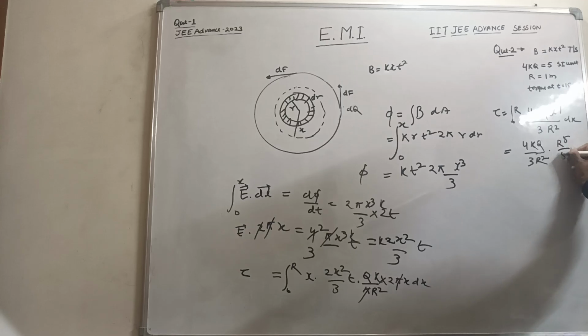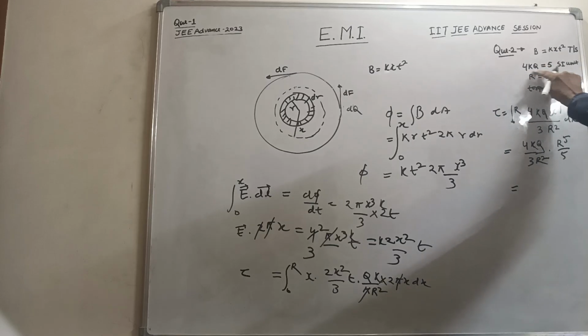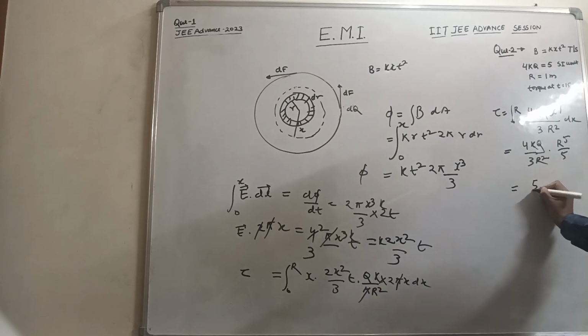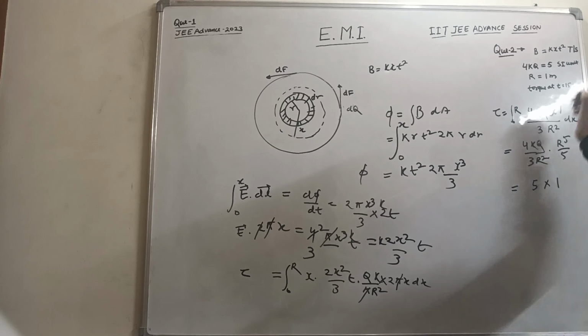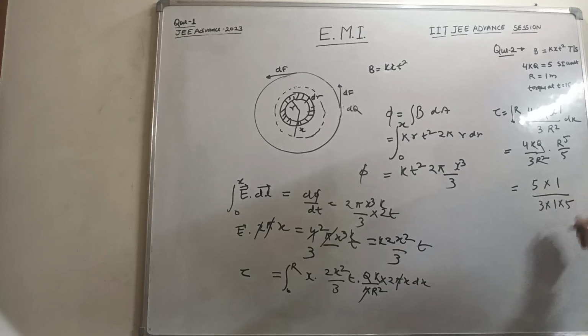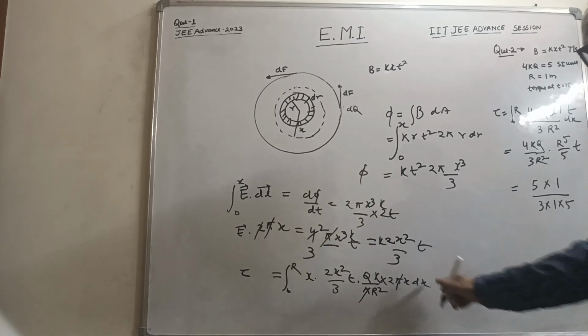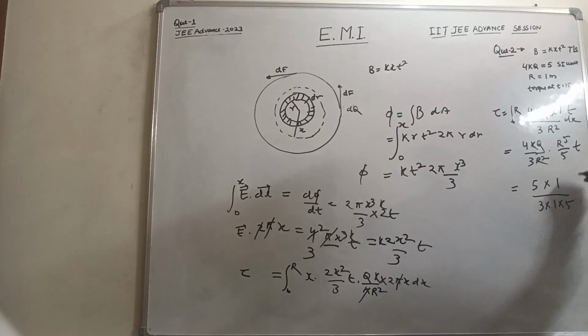So putting the values, 4kq is 5 in SI units, which is given. R is equal to 1 meter, so 3 r squared is 1, multiplied by 5, and time. The time is 15 seconds. This becomes 5 newton meter. This is the torque.